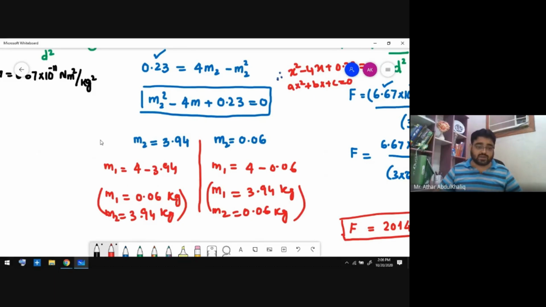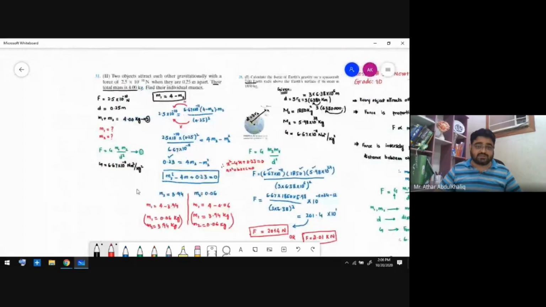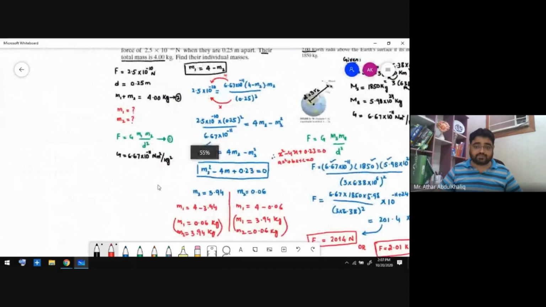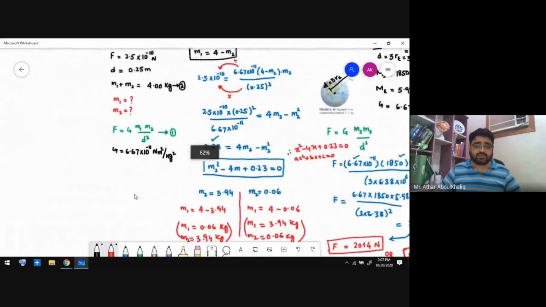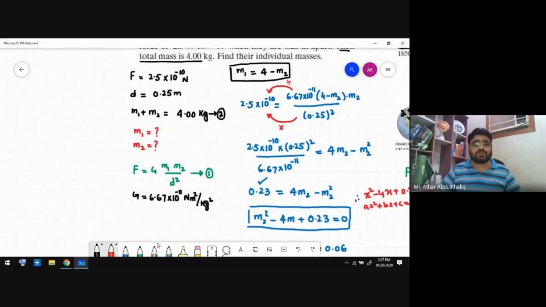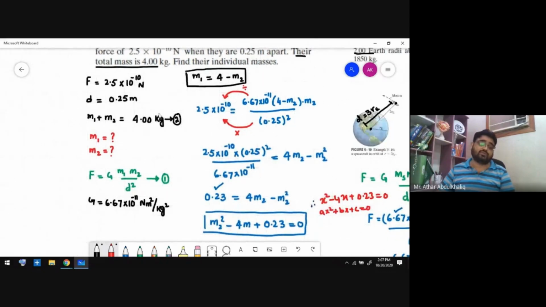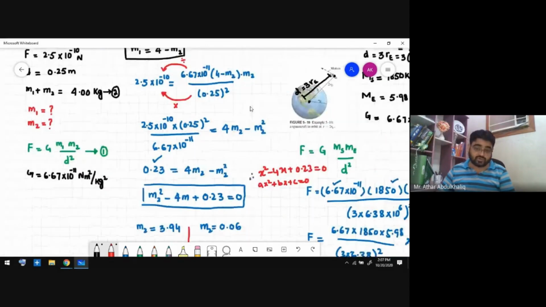So please look at the question. I will try to show you the full question here. This is the problem. In this problem we were given a force, and the distance, the collective mass is given, and the separate masses are to be found. First of all, I move one mass to the other side, make an equation, and use that equation in the force formula.